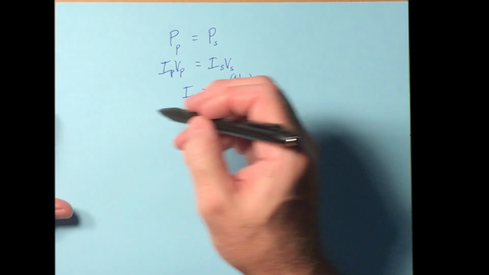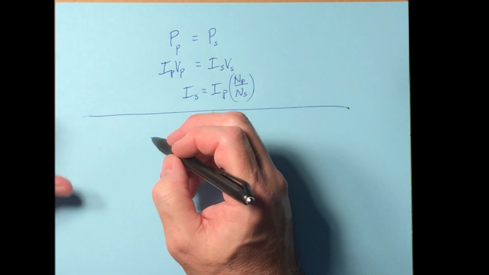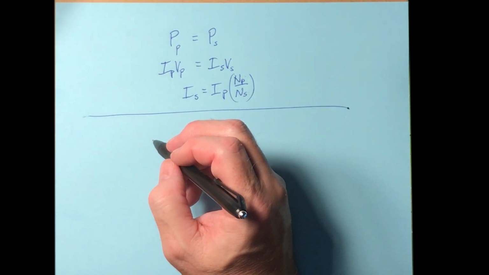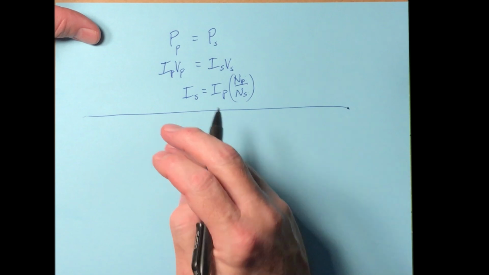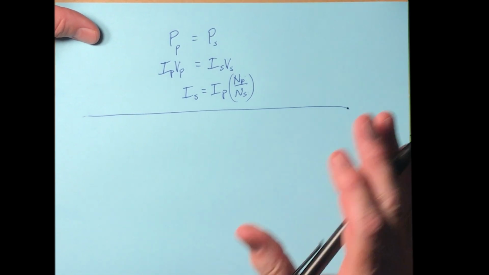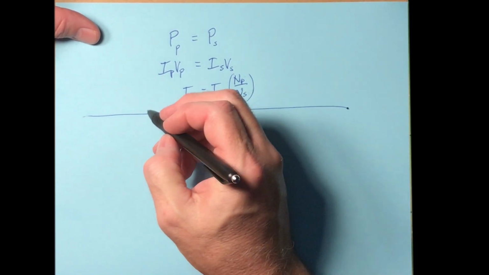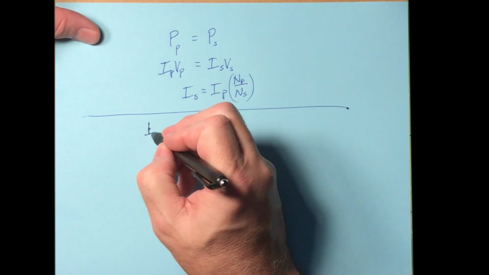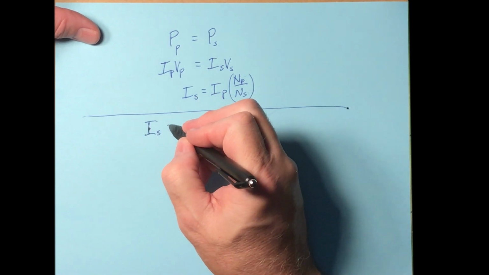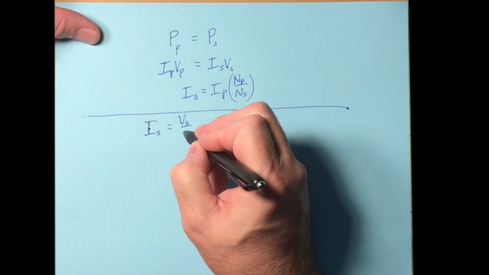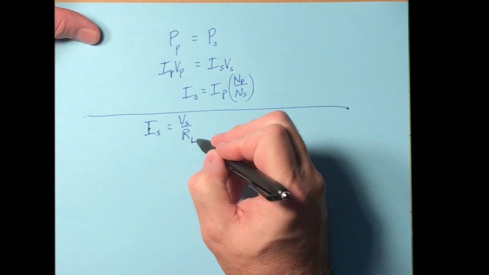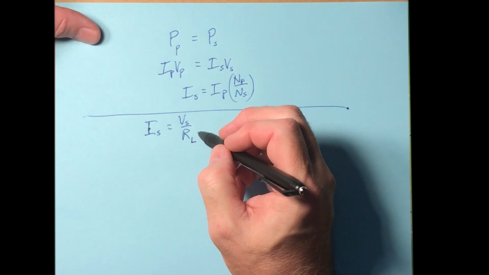Okay. Another thing, before we work a problem regarding this, we know that on the secondary side, I sub S is equal to V sub S over R sub L. That's the load resistance.